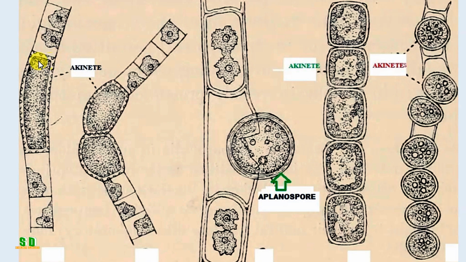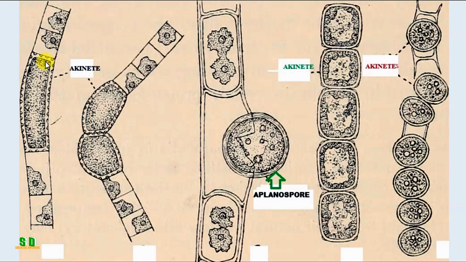It becomes a resting stage, and the thick cell wall is formed. It stores food inside it, and during unfavorable conditions akinetes are produced, and when the favorable condition comes, these spores germinate and give rise to the new filament. We can see it in the member Oedogonium.